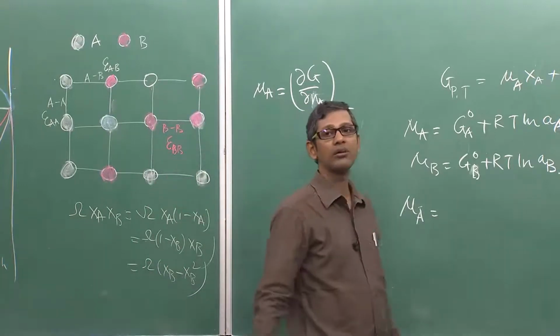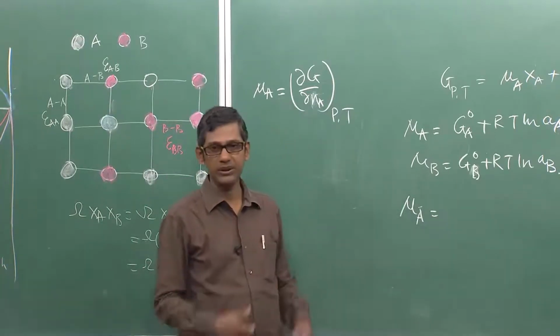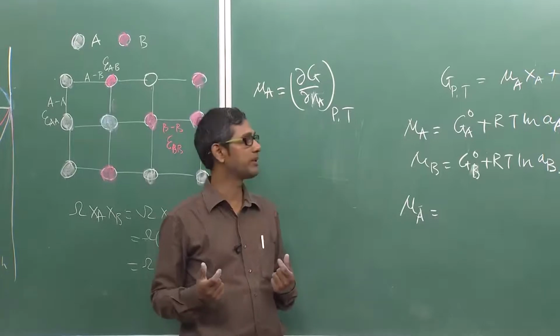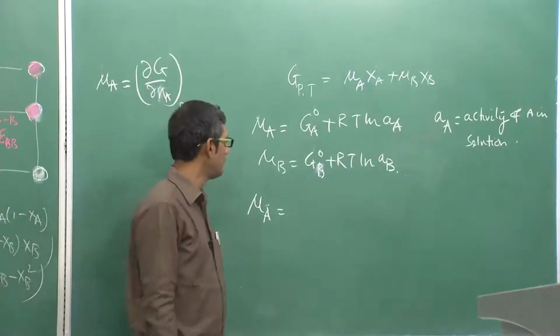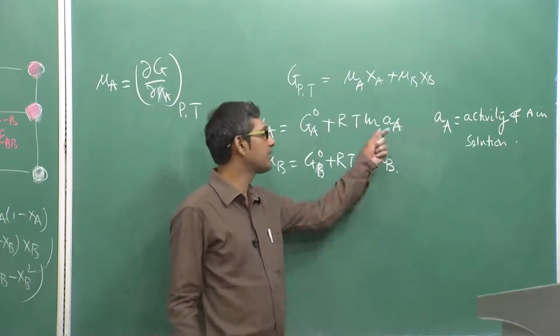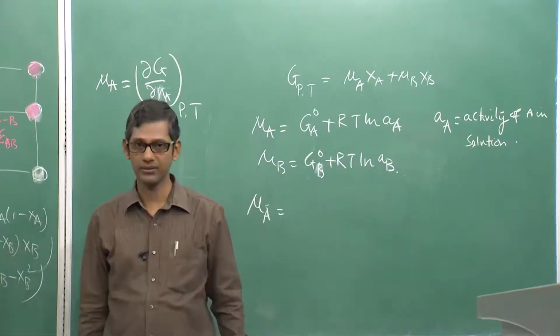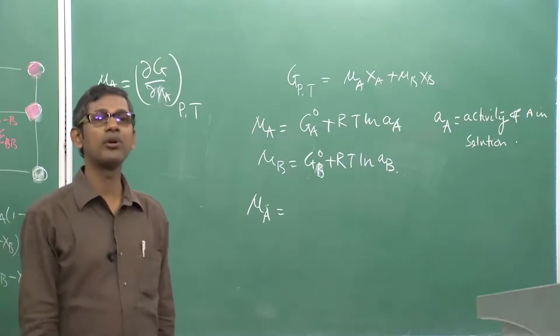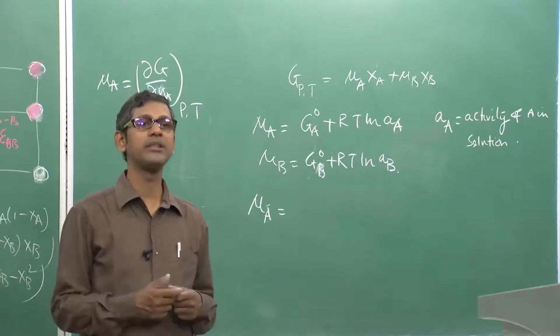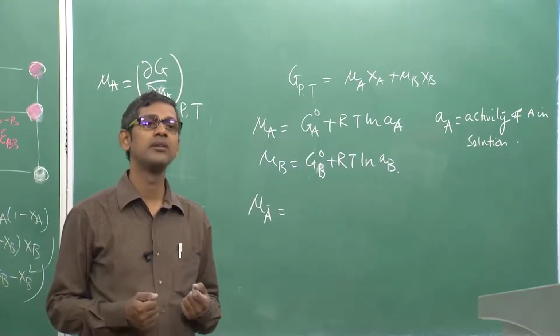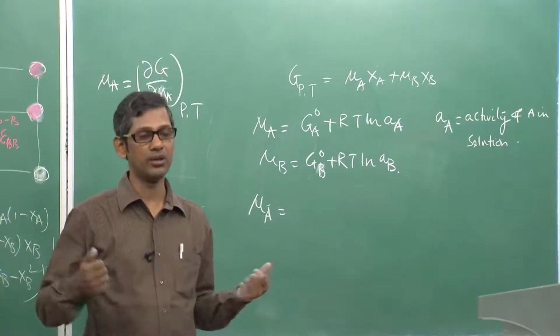We know that to calculate activities, from thermodynamics we need to demarcate between solid, liquid and gas, but it is always better to convert activity in terms of mole fractions. And Raoult's law tells you that in a liquid solution activity is equal to mole fraction when it is very dilute or very concentrated.